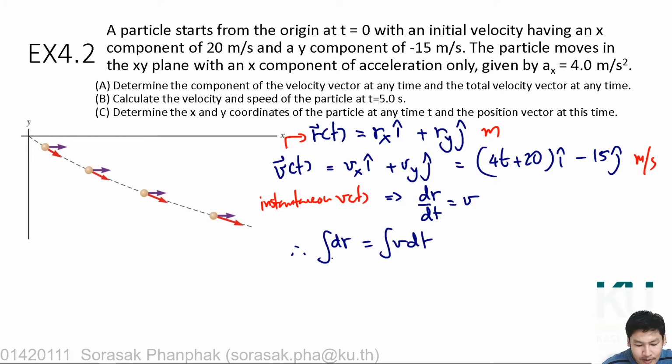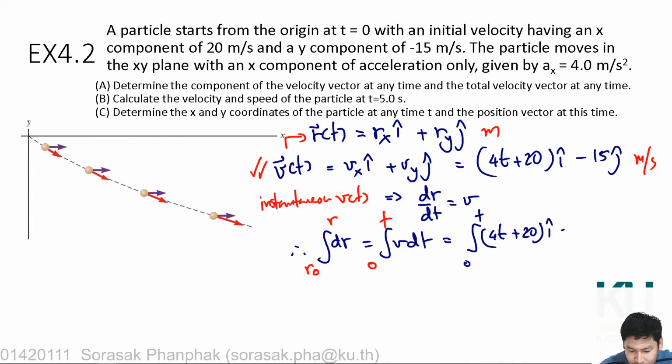As you already know, you can set the limits from r0 to r, and from t0 to t, and v is your instantaneous velocity. So you can substitute that instantaneous velocity in, as you got (4t plus 20) i and minus 15 j, dt.